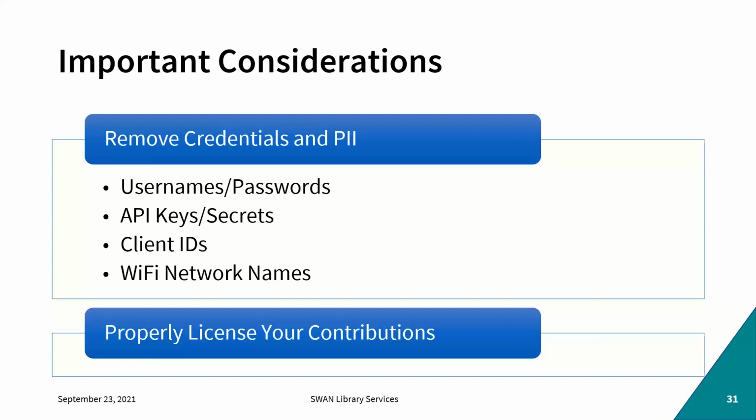So there are some very important considerations if you're open sourcing something. You need to be very careful that you're removing any sort of credentials, things like usernames and passwords. If you have API keys to access a service that's tied specifically to you, client IDs for those APIs. Even the Wi-Fi networks could give away your location. There are databases online where if you know the name of a network, you can sometimes figure out exactly where it is.